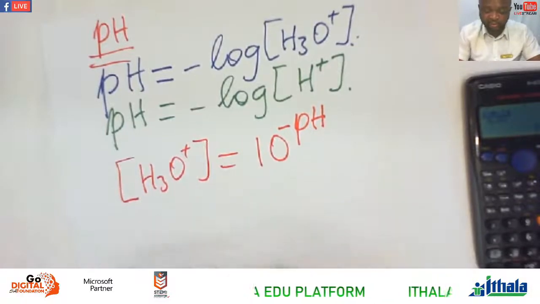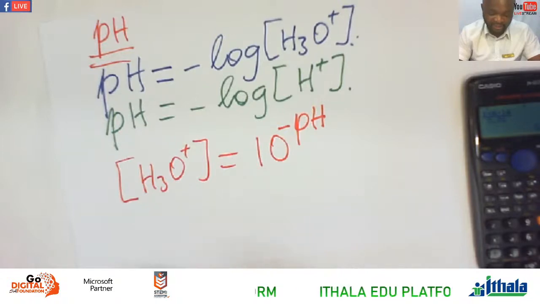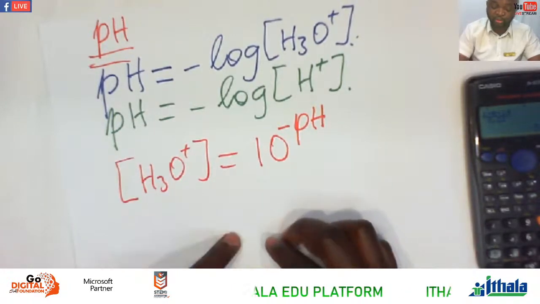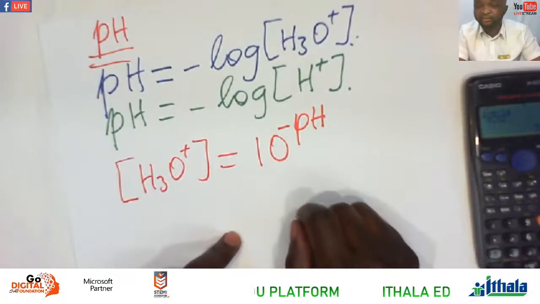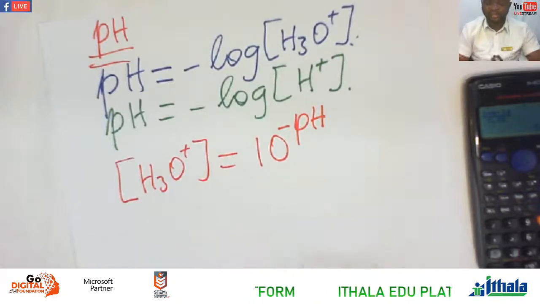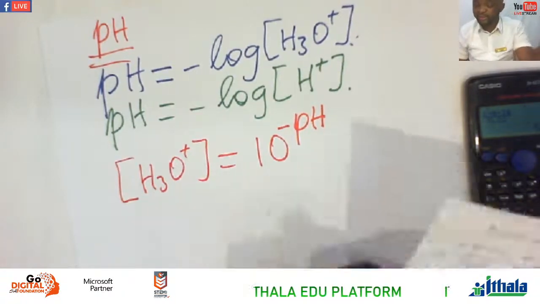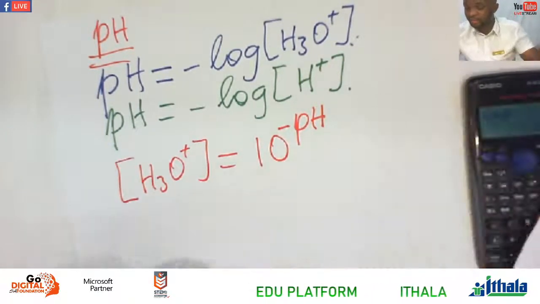Let's say you are given that the pH of a solution is 2. Just an example. If we want the concentration of H3O plus, you say 10 to the power negative 2, and then you get the H3O plus. That is all for this pH calculation.